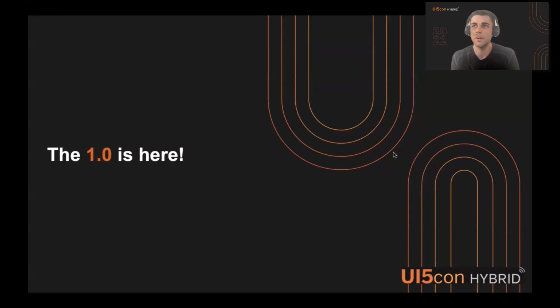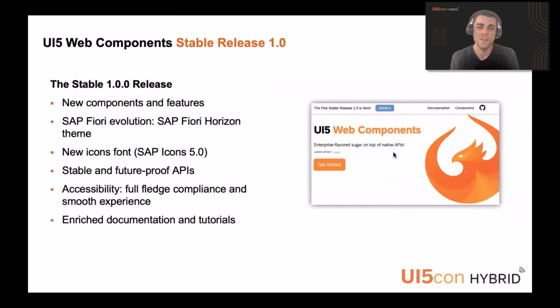In the end of last year, in Q4 2021, we released our first stable release, and it was a huge milestone for us. So let's see what 1.0 brought. It came with a lot of new components and features to existing ones, of course, with a brand new theme family, the SAP Horizon theme family.